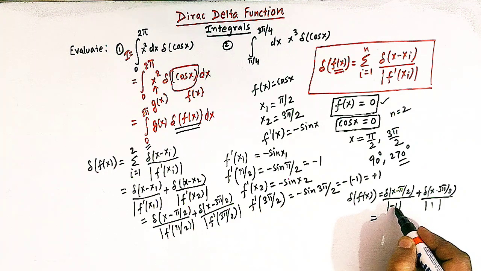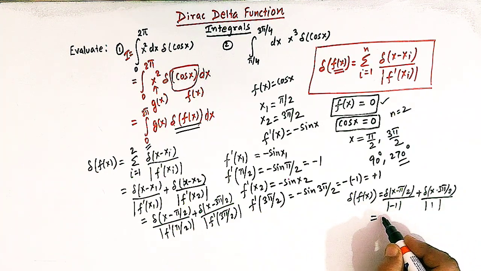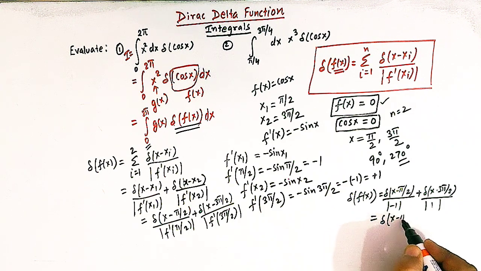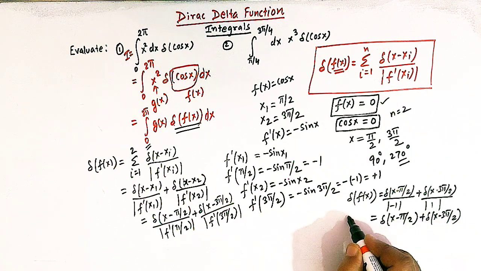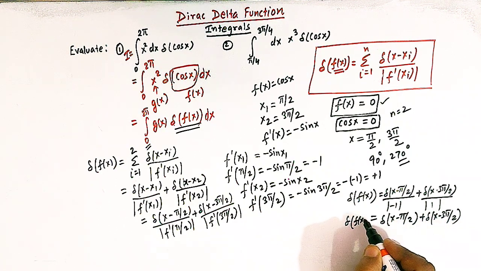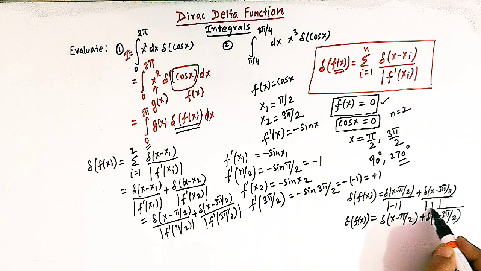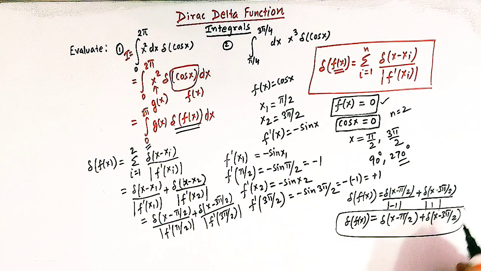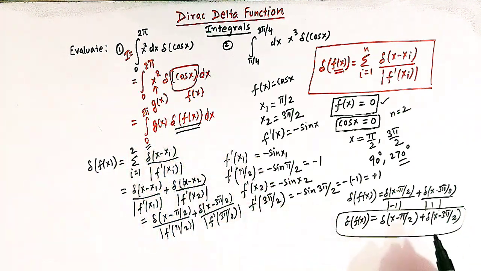Mod of minus 1 is 1, and mod of 1 is 1, so we can simply write delta of x minus pi by 2 plus delta of x minus 3 pi by 2, right? So now the value of delta of f of x is given by this expression, and let us substitute it in this integral.